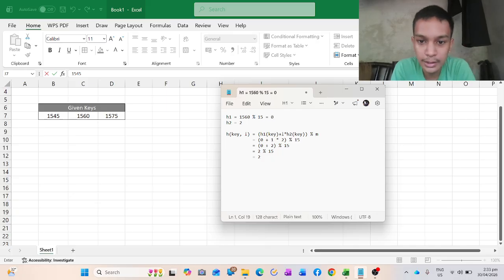So that is going to be our H1, which is 0.